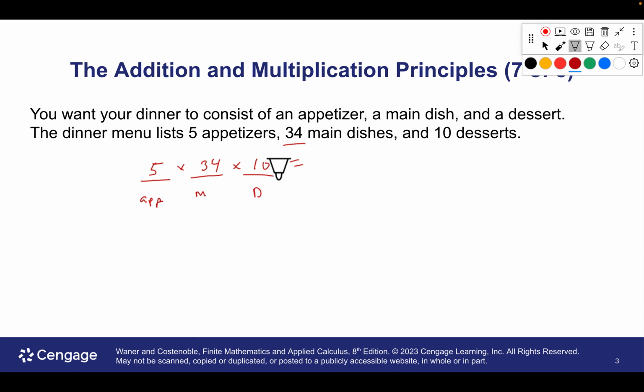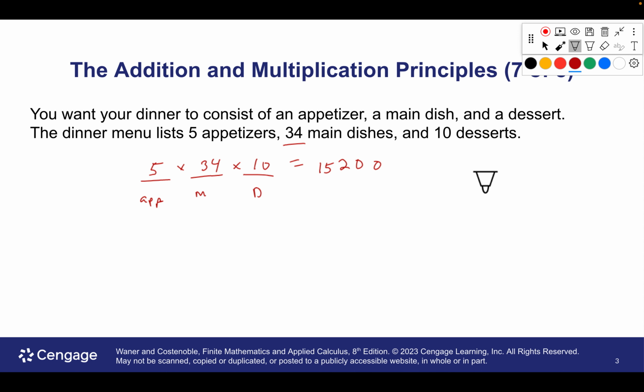Let's see, 5 times 10 is 50. That is 20 with a 0 on it, and 15, I think, 15,200. Did I get that right? I probably forgot to carry something.